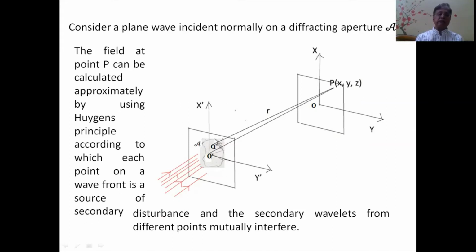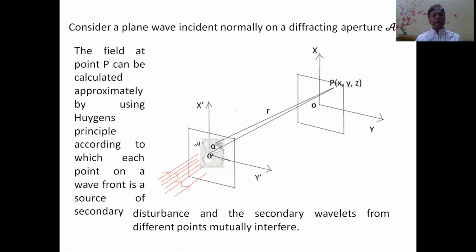This diffracting aperture is lying in the plane x dash y dash, and the field will be seen in the plane xy. So we have an aperture in the plane x dash y dash, and on this aperture a plane wave is incident normally.